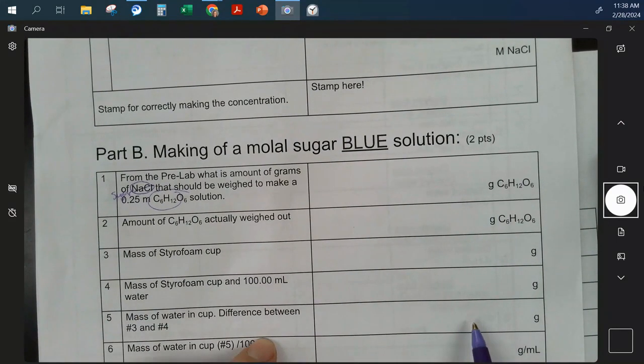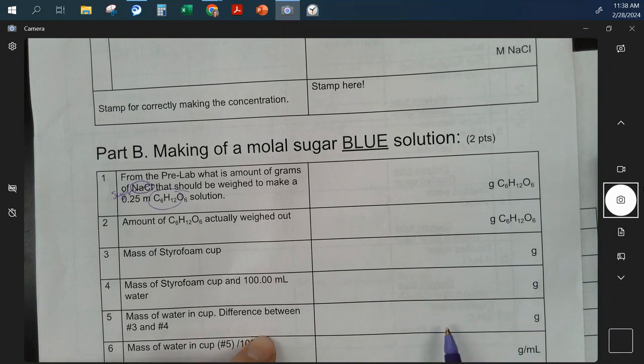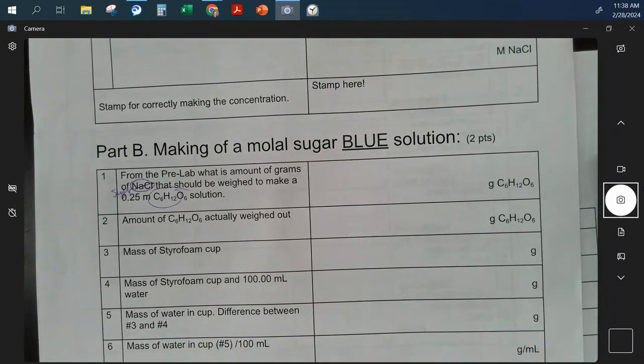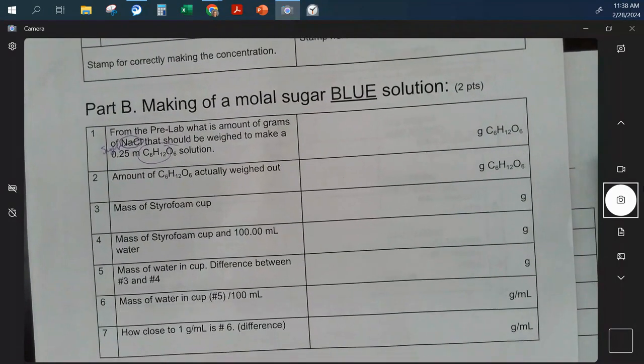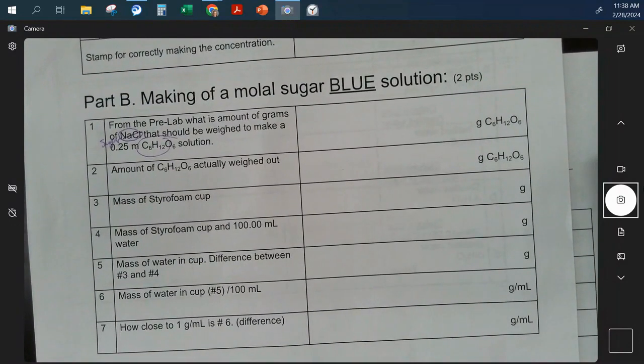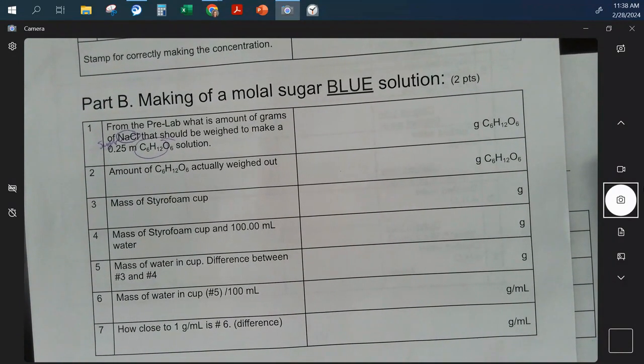They're trying to get you to see, is the density of water really 1? So if you measure the cup and the water, it should be about 100 grams. That's what this is trying to get you to think about. Is the density of water actually 1? 100 grams over 100 milliliters.